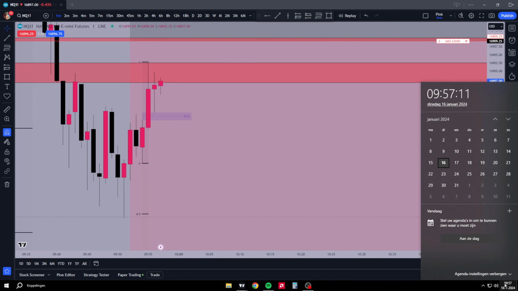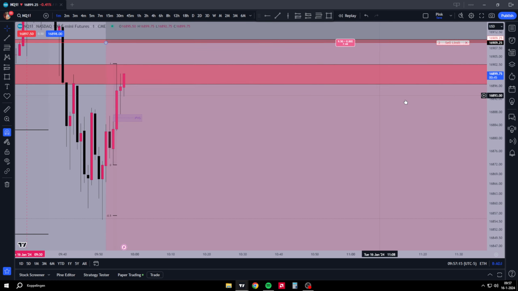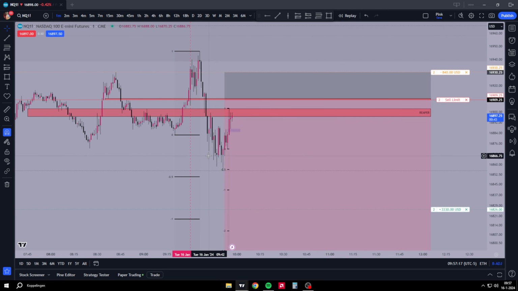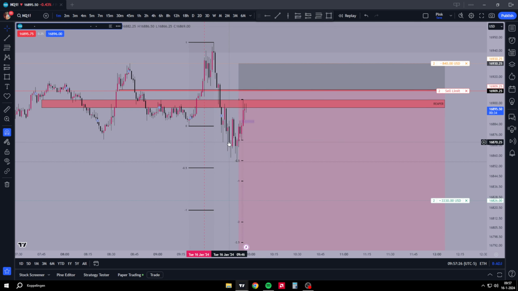Three more minutes. If you have 1 more minute left, I would just close out this trade and I'll wait for a reaction. I would actually give it 30 more seconds.